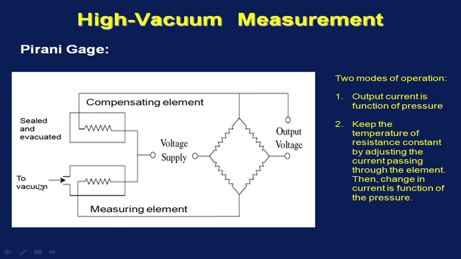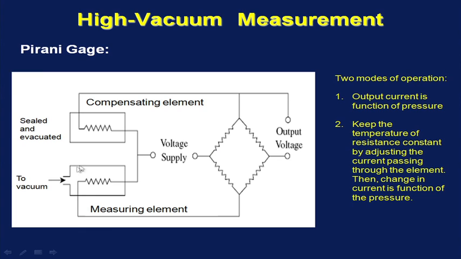to the pressure source. We take exactly identical another element, completely evacuated and then sealed. So, these two are in the adjacent arms of the Wheatstone bridge. Now, initially we get the null condition.